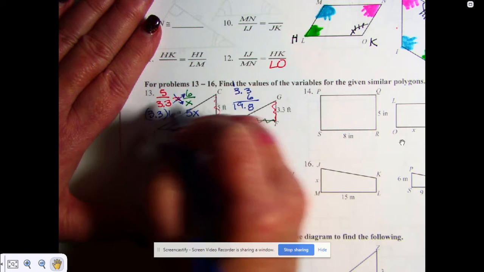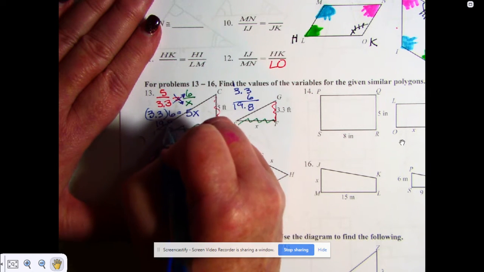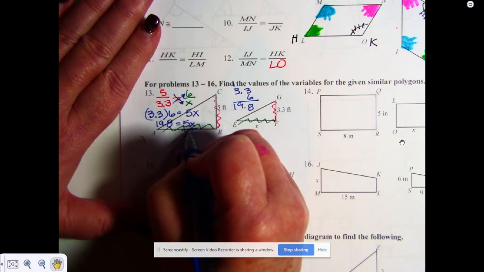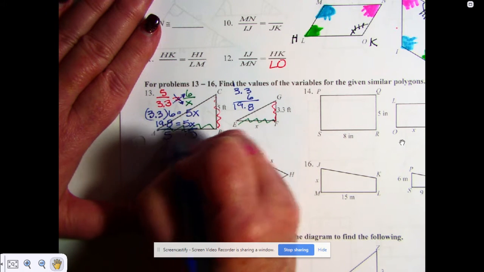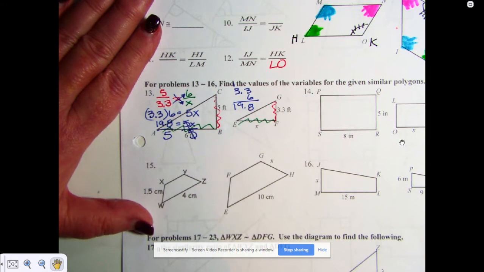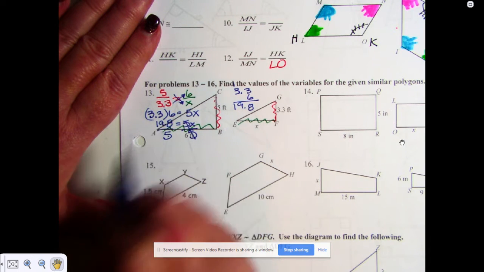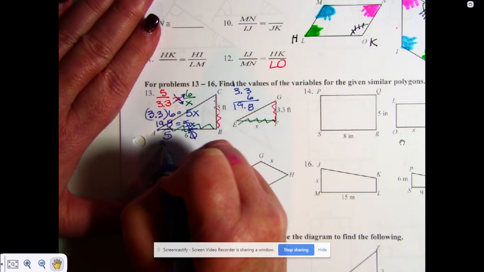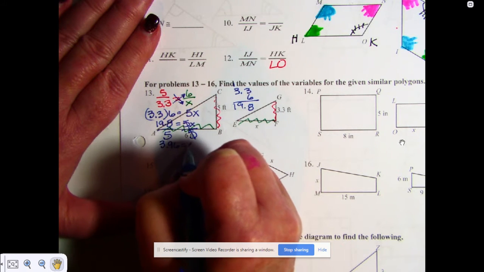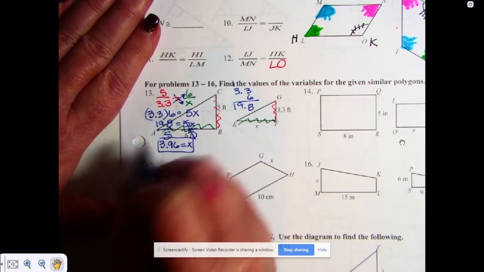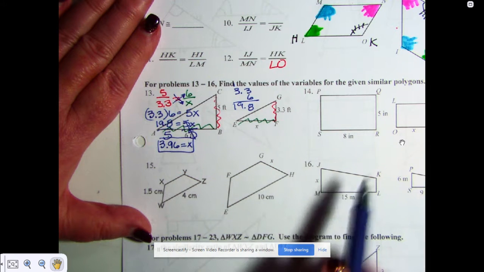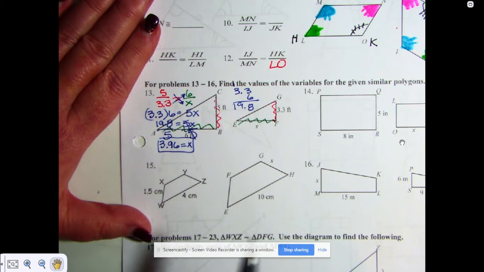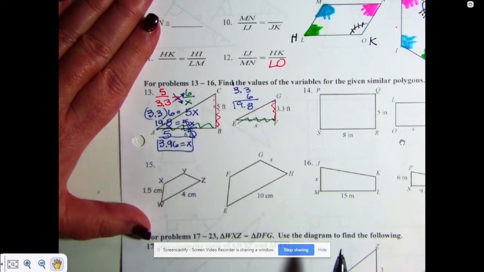That's 19.8 is equal to 5x. Then we divide both sides by 5. The 5s will cancel out on the right side, and then 5 is going to go into 19.8. If you use your calculator, you'll find that you get 3.96 equals x. So for each of the problems 14, 15, and 16, you're going to set up a proportion and solve for the variable.